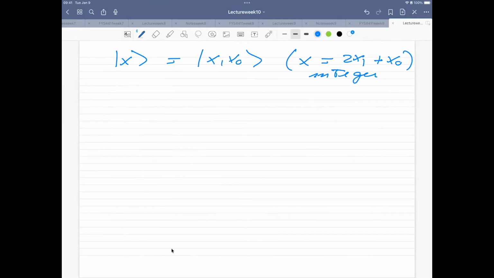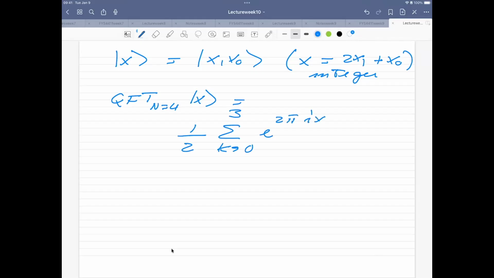So for 2 qubits, if we now set up the QFT, and I'm going to put n equal to 4, acting on a state x, this is simply going to be given by 1 divided by 2, and then I have k equals 0 to 3, and then e to the 2 pi i x k divided by 4.